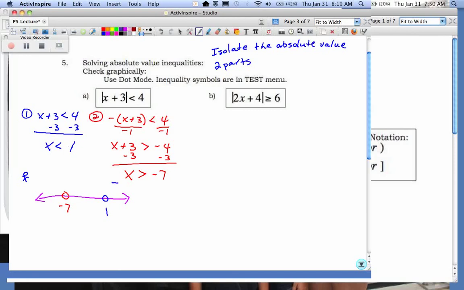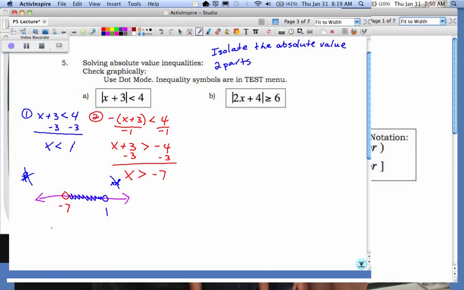Or the dog out there? No, they can't be out there, right? Everybody's got to be inside this area. You have to be inside the endpoints. You cannot be to the outside. So your distance from 0 has to be less than 4 at all times.